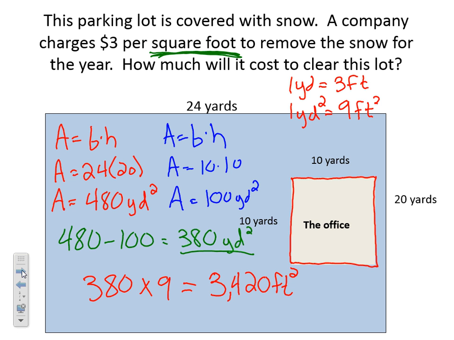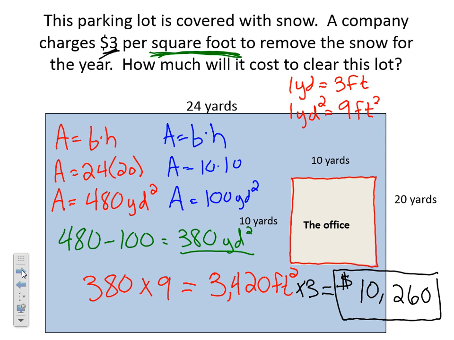So we have to take this times 3, because 3 is how much it costs per square foot. So for the year to remove snow from this lot, we're going to pay $10,260. Alright, that's how much it would cost us to get this lot cleared of snow per year.